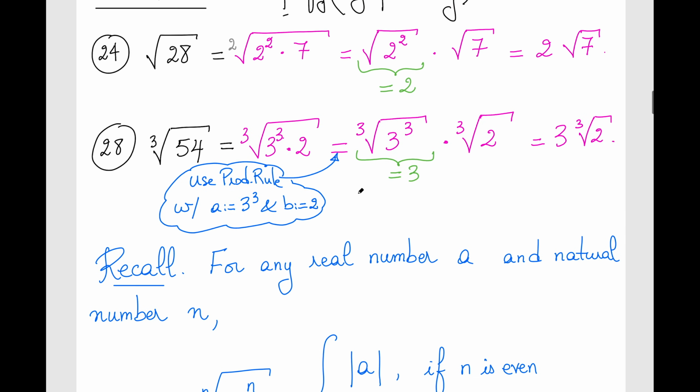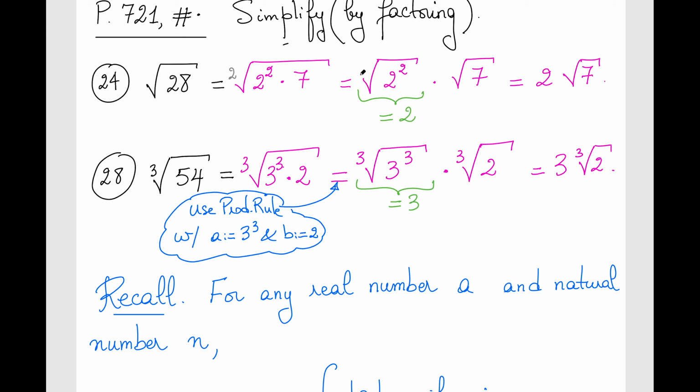Recall this. For any real number, remember here I used it, the index here is 2, right? So this looks like the nth root of a to the n.